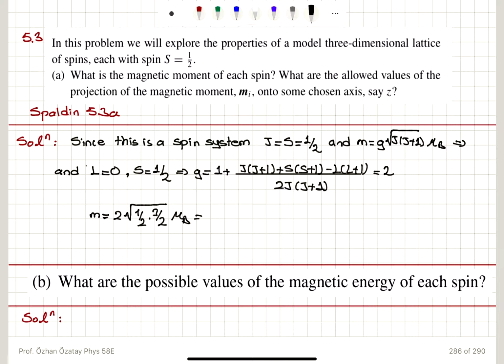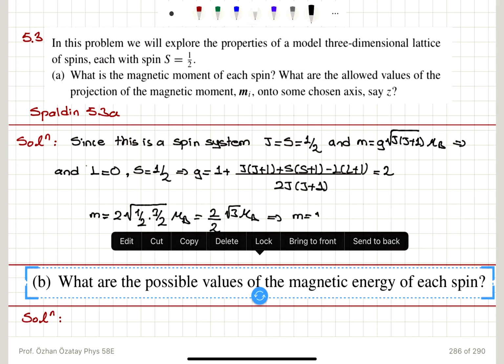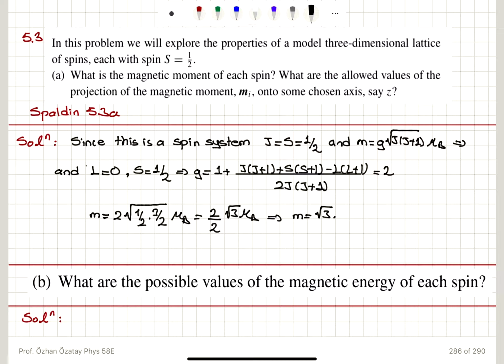This is square root 3/4, which will give us square root 3 over 2, with the 2 outside the square root. So this will be square root 3 Bohr magneton. And therefore, the magnetic moment of each spin will be square root 3 Bohr magneton in magnitude.